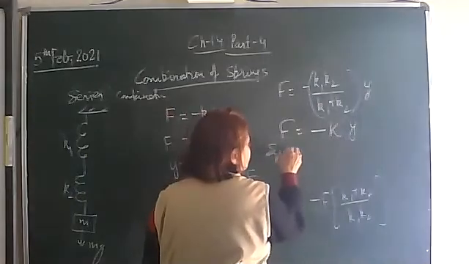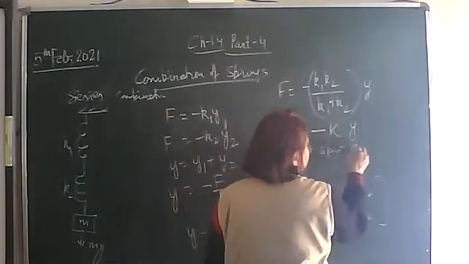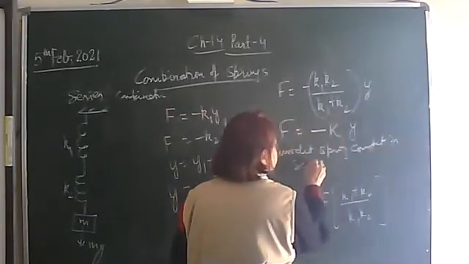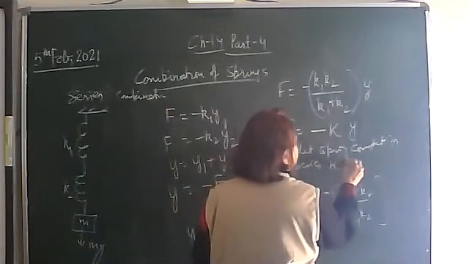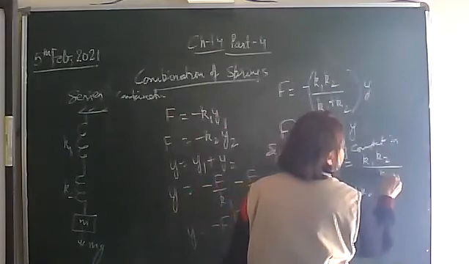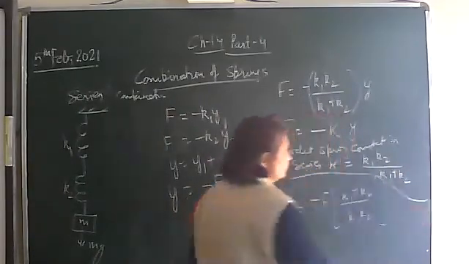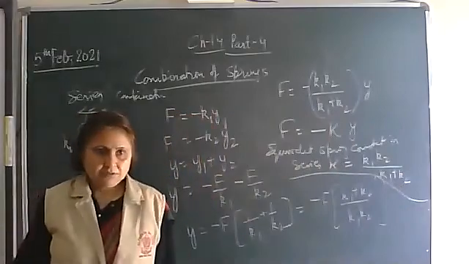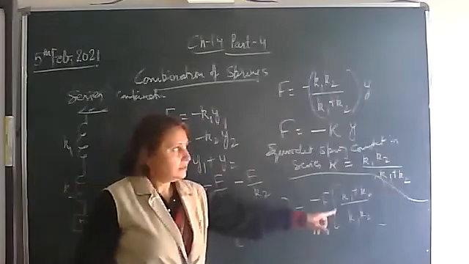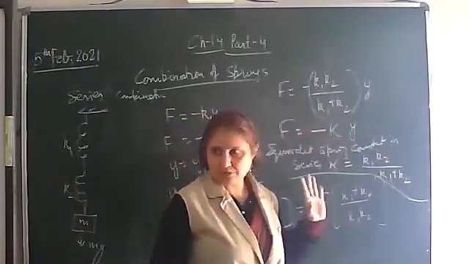So the equivalent spring constant in series, K, is equal to k1 into k2 upon k1 plus k2. Here, nothing has been done, only the LCM has been taken. Compare it with this. So capital K is the equivalent spring constant in series.